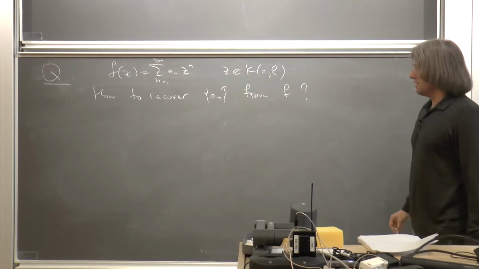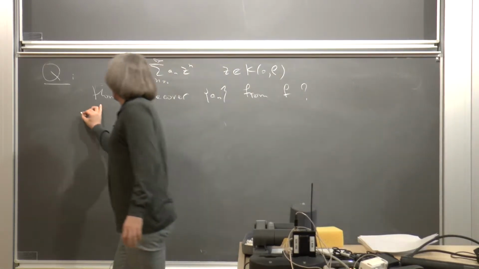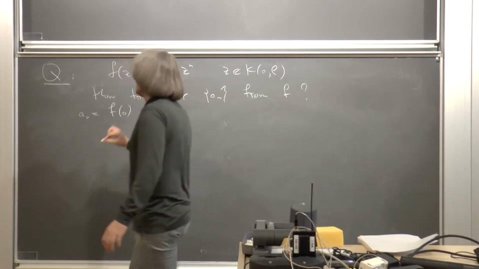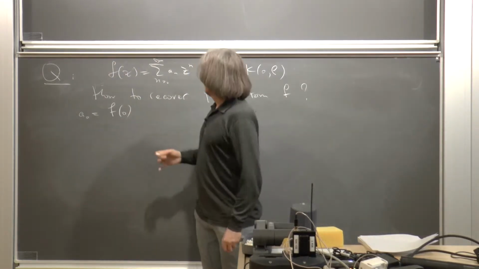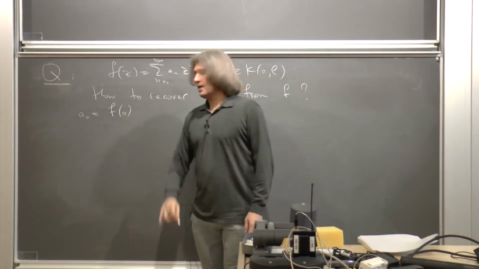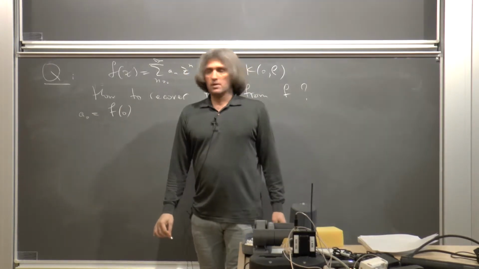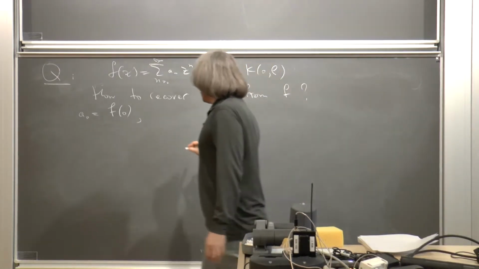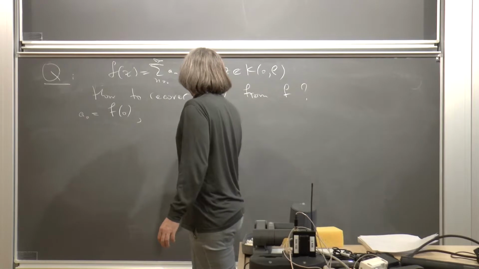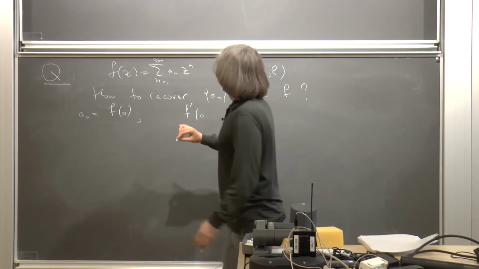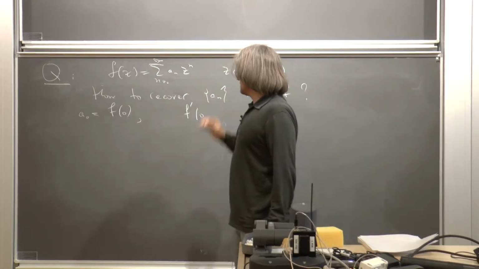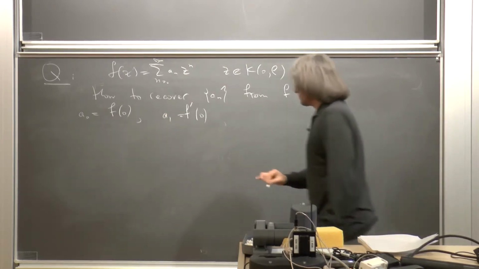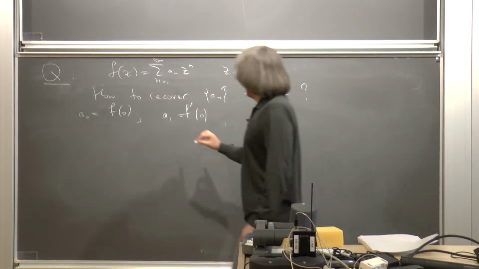Well, let's start slowly. What's a0? a0, of course, is the value of the function f at 0. Because if we sum an 0 to the n, we'll get a0. But what's a1? We can differentiate f and evaluate at 0. So then we'll get exactly a1. I would rather write 1 times a1.